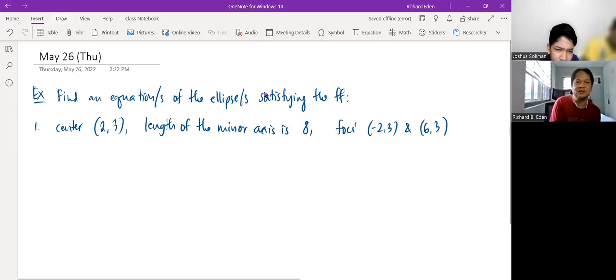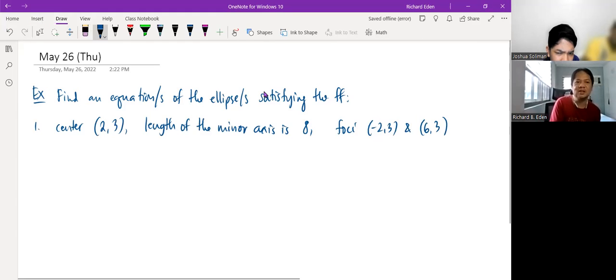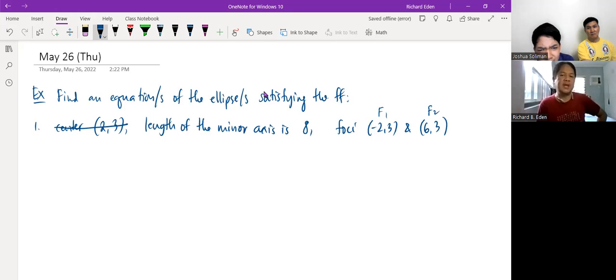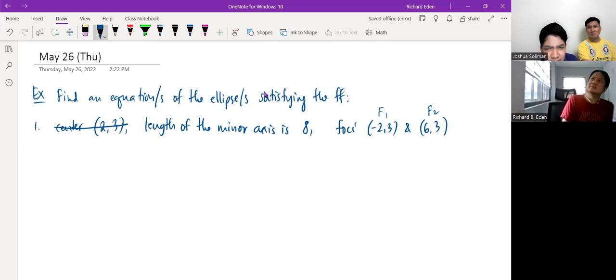because we are provided the two foci, we can remove this condition. We don't need to be told what the center is. Technically, we just need the foci.